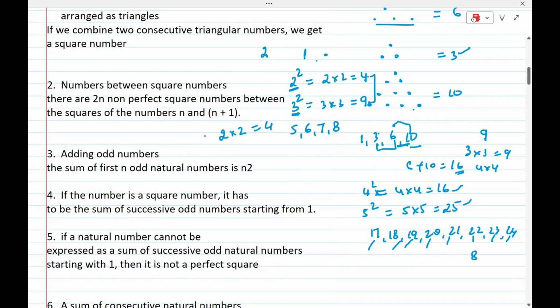It is 8, which is nothing but 2 into the first number, that is 2 into 4, which is 8. So this is the second rule. Between the squares of the numbers n and n plus 1, there will be 2n numbers, and they are definitely non-perfect squares. Hope it is clear for you.